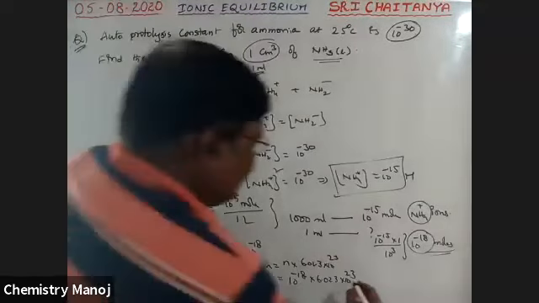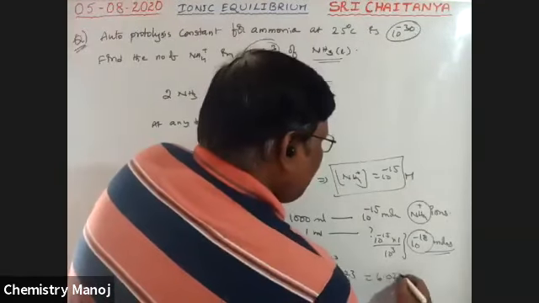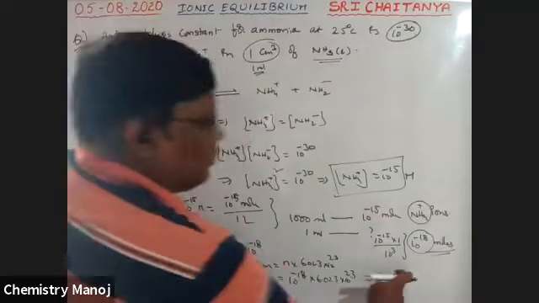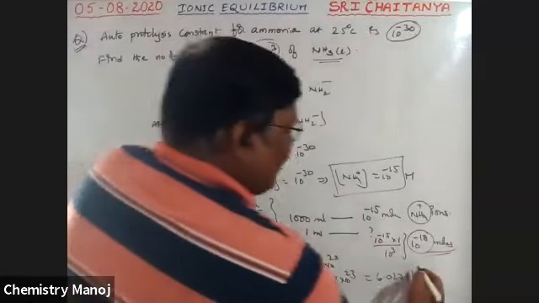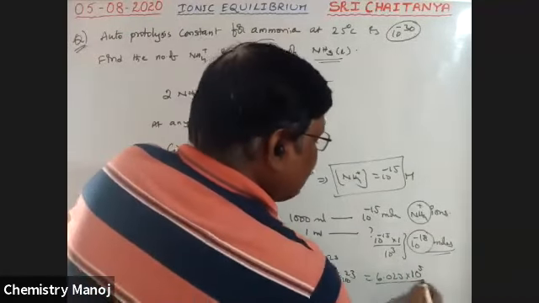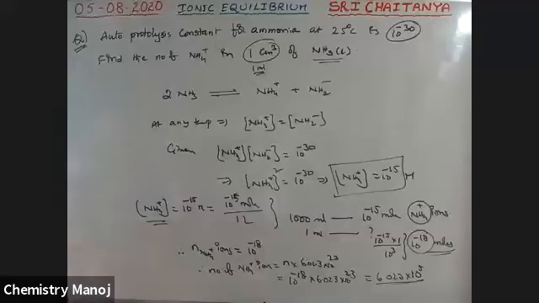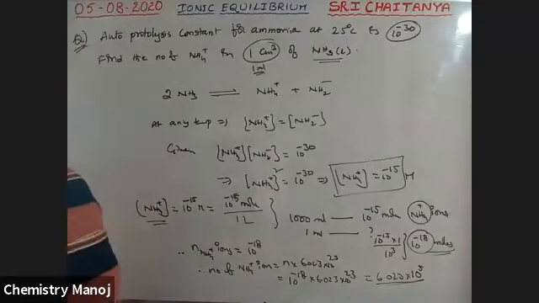That is equal to 6.023 into 10 power 23 minus 18, that is 5. So this is the number of NH4+ ions available. This is the way to calculate.